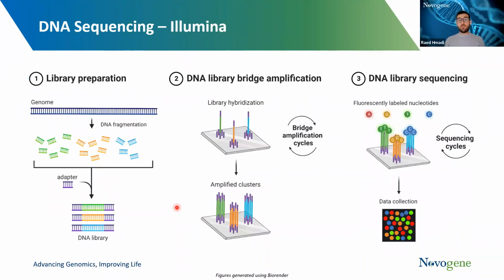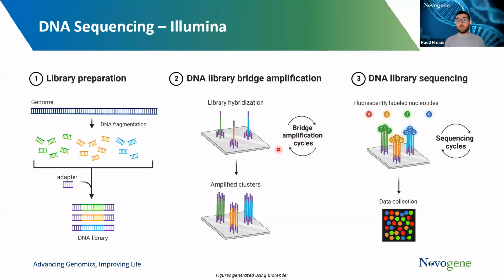Now, moving on to the second-generation sequencing tools, in particular Illumina, we know that the first step in the workflow is library preparation. During this step, the DNA will be fragmented into smaller pieces and later ligated to sequencing adapters with the aim of preparing a DNA library. Afterwards, the DNA library is loaded into the machine, where the DNA fragments are going to hybridize to the flow cell.